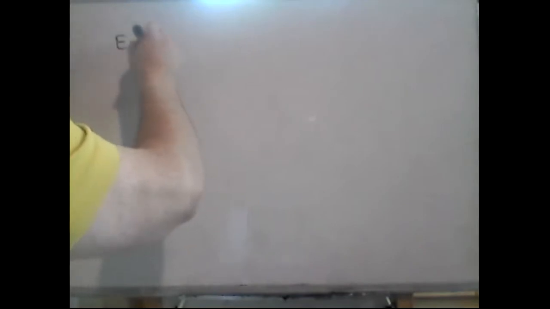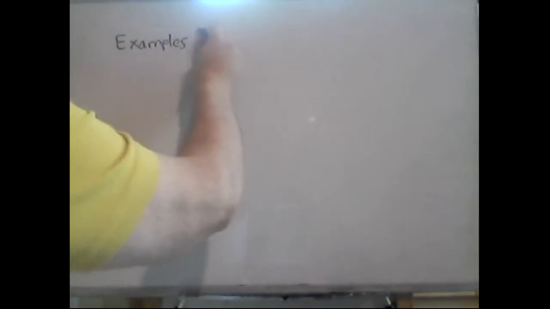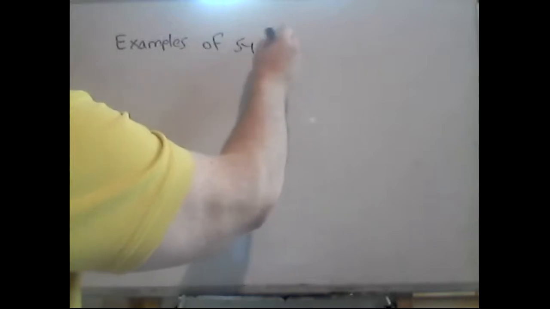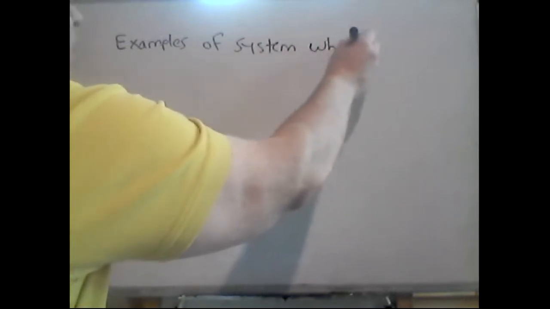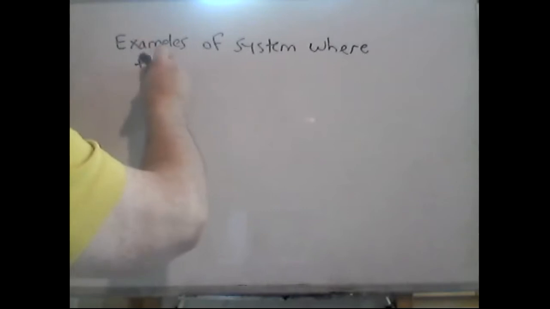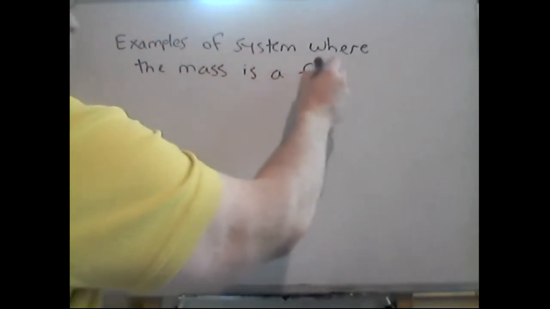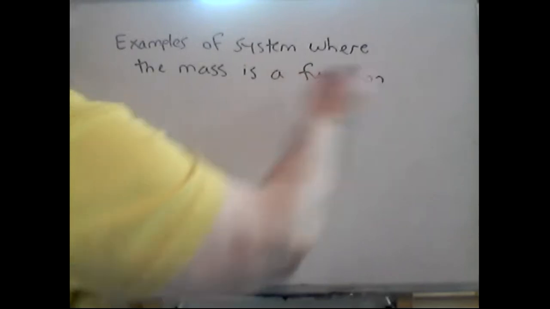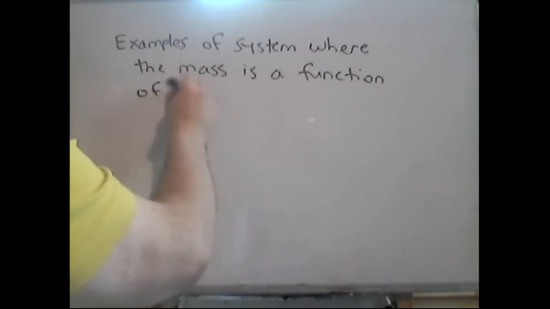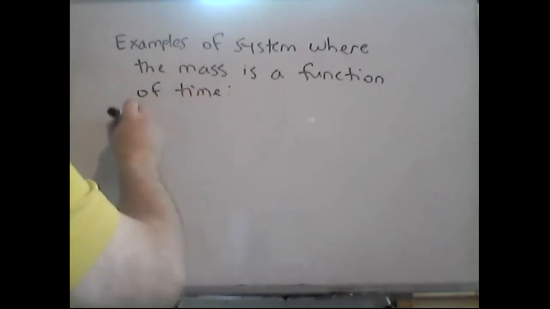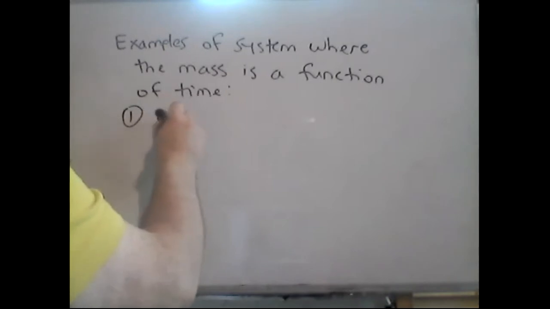So examples of systems where the mass depends on time, or the mass is a function of time, are not too oddball. What comes to mind would be a rocket.